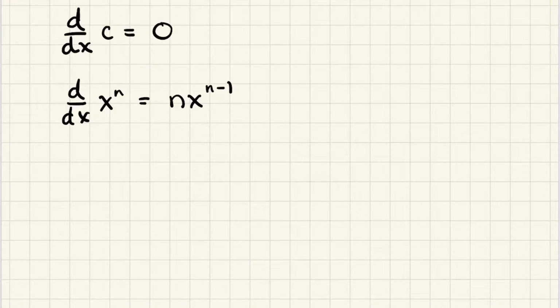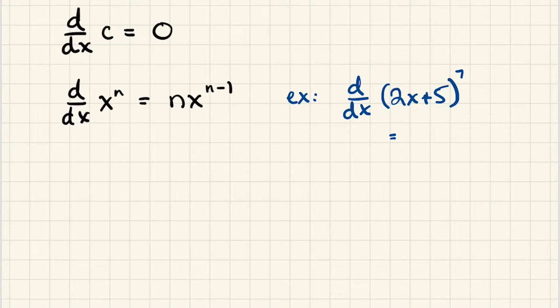So for instance, the derivative of, say, (2x plus 5) to the 7 is equal to, well, we bring the 7 down, (2x plus 5) to the 6, but don't forget the chain rule, multiply by the derivative of the inside, so that would be the derivative of 2x, which is 2.